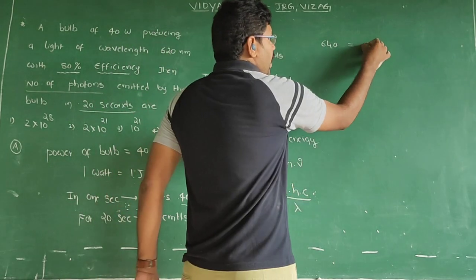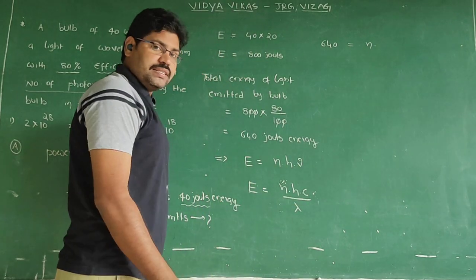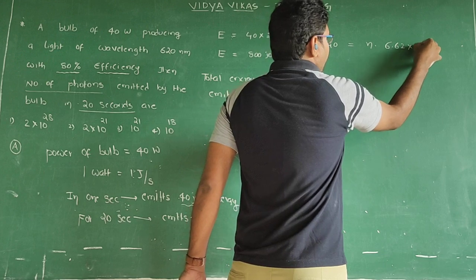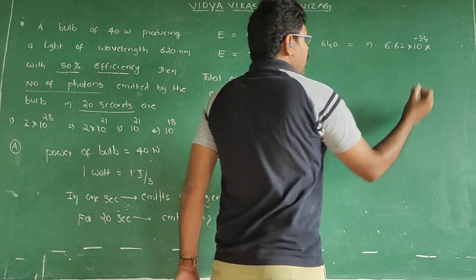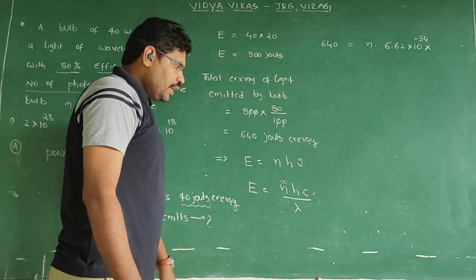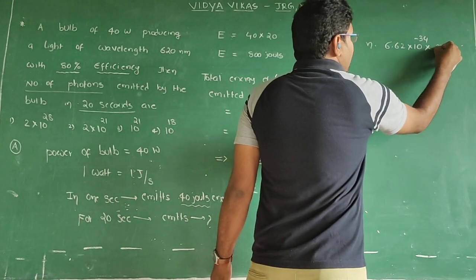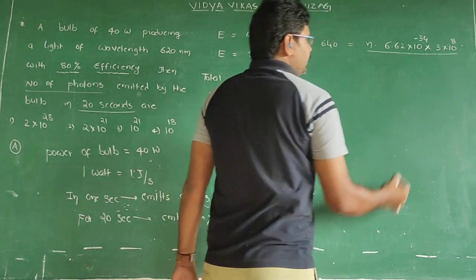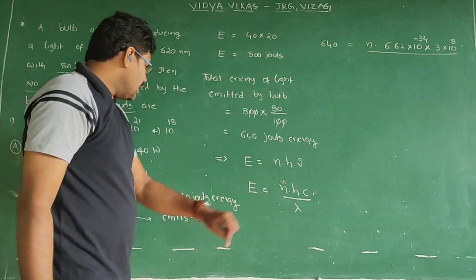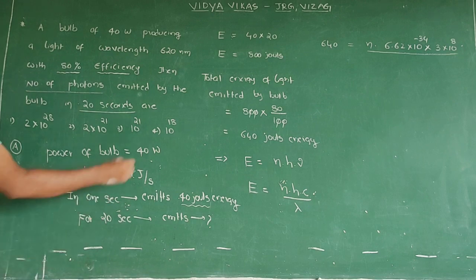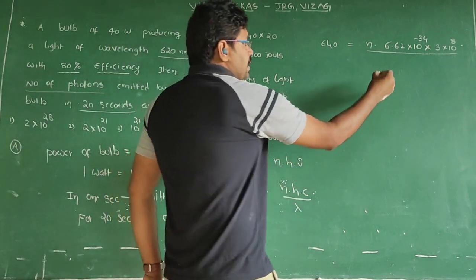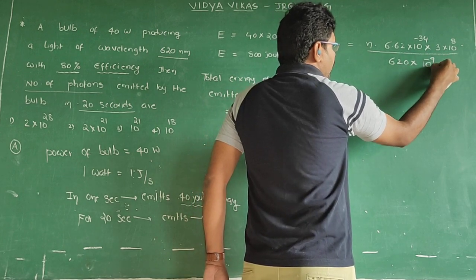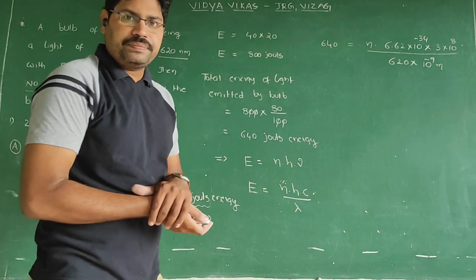What is n, sir? We are ready to calculate the number of photons. What is h? 6.625 into 10 power minus 34 joule second. What is c? The velocity of light, 3 into 10 power 8 meters per second. What is lambda? Already given, wavelength 620 nanometers, meaning 620 into 10 power minus 9 meters.